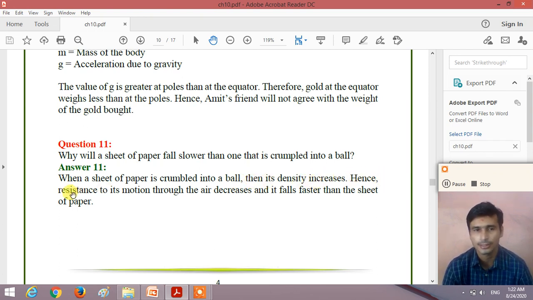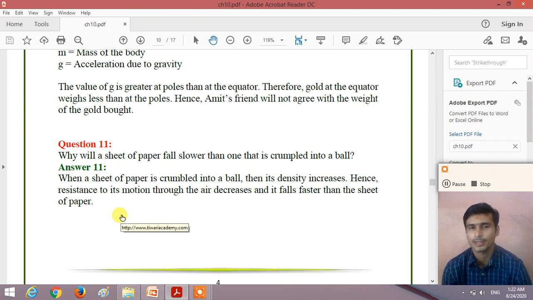Hence, the resistance to its motion through the air decreases and it falls faster than the sheet of paper. Due to the increase in density, the resistance to motion through the air decreases, and due to this it falls faster than the sheet of paper.